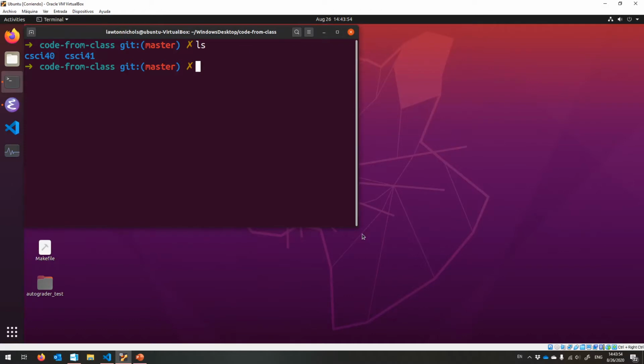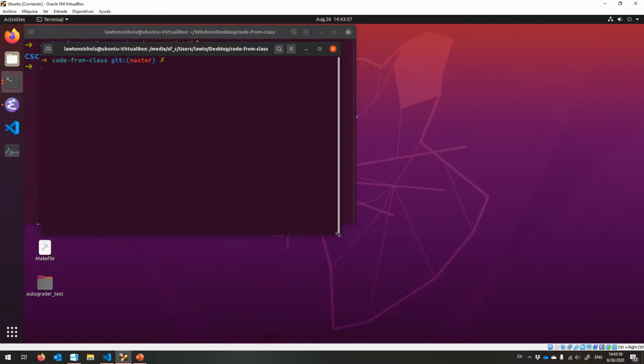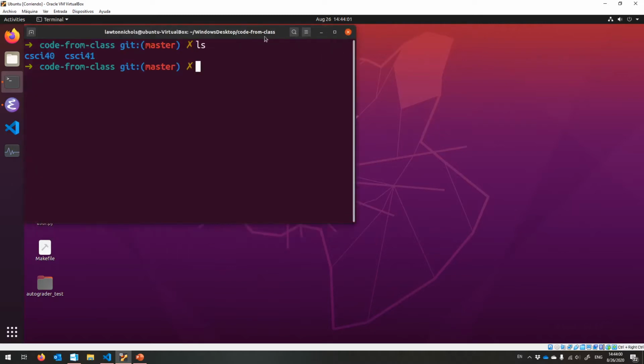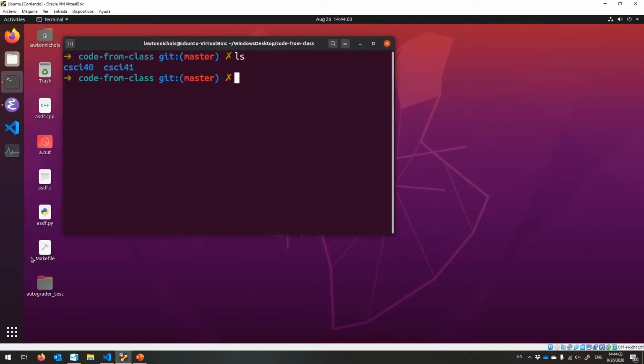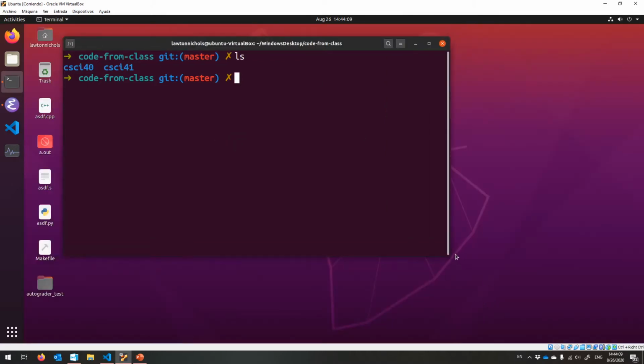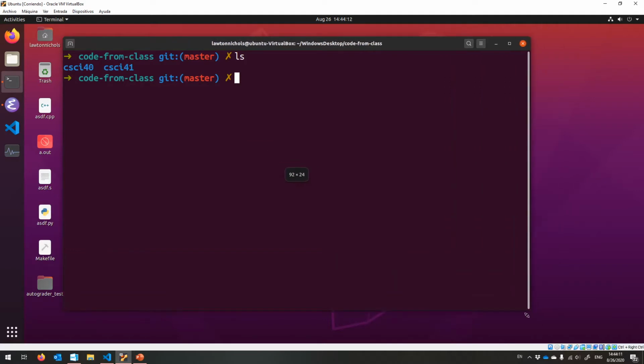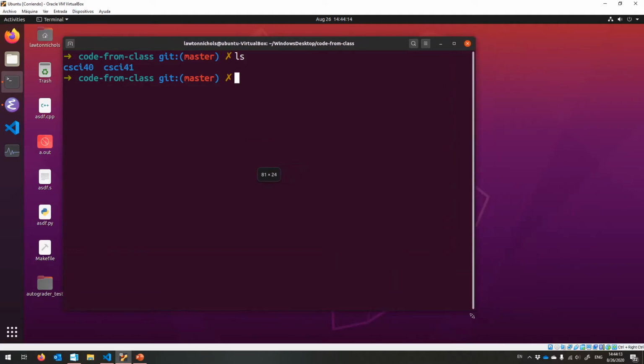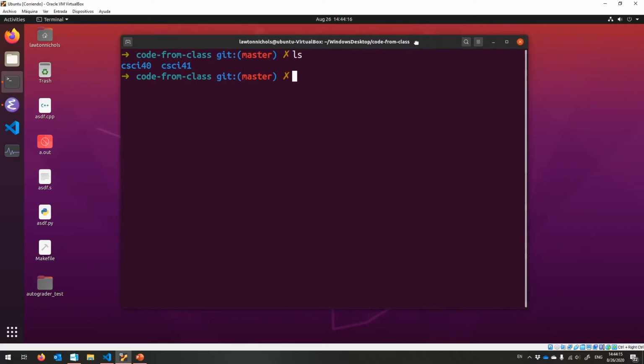I think when you open up a brand new one, the default width and height is 80 by 24. So maybe we can play around with that, at least 24. Okay? So that's what we'll do. So let me set it at 80 by 24, and let's play around with this.